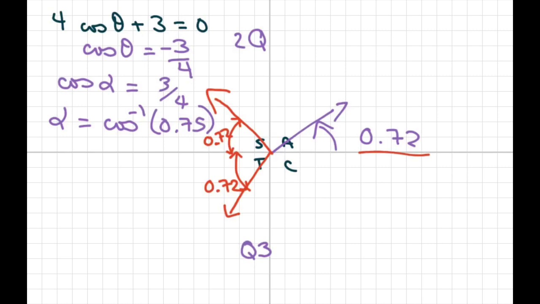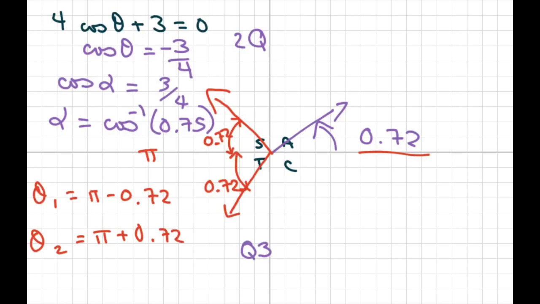So all I'm going to do to get theta 1 is take pi minus 0.72, trying not to go too fast so I mess up, and my theta 2, because this is pi here, equals pi plus 0.72.